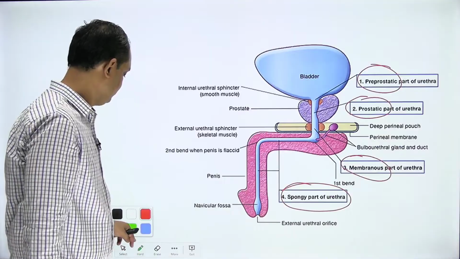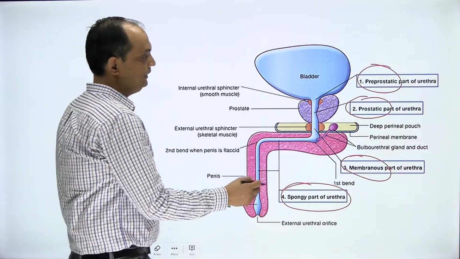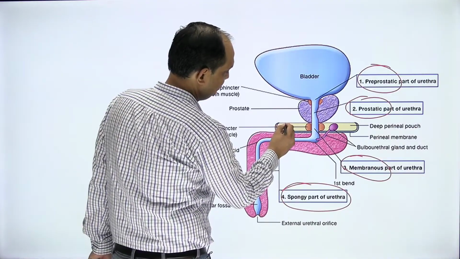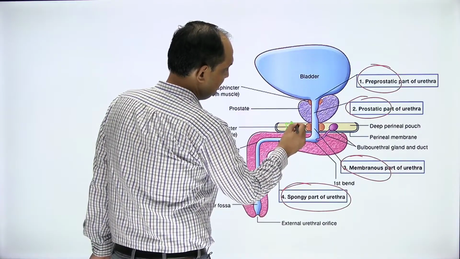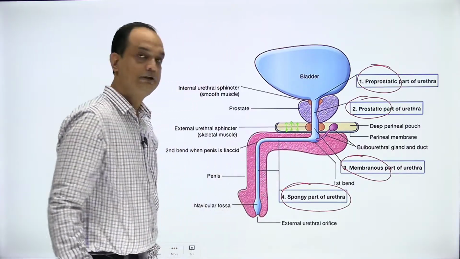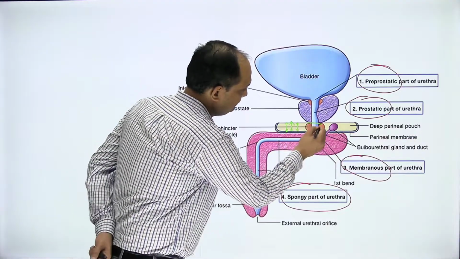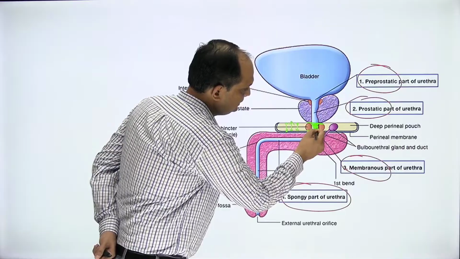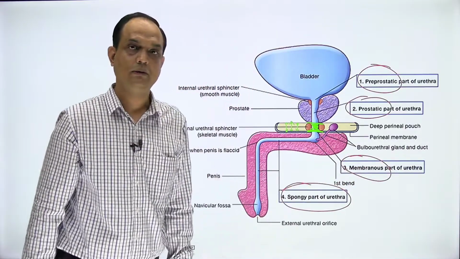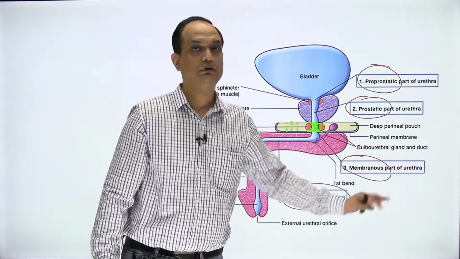Now, what is the meaning of these names? The important thing is that the portion of the urethra which is passing through the thickness of the urogenital diaphragm is known as the membranous part of the urethra. So, what is the membranous part of urethra?